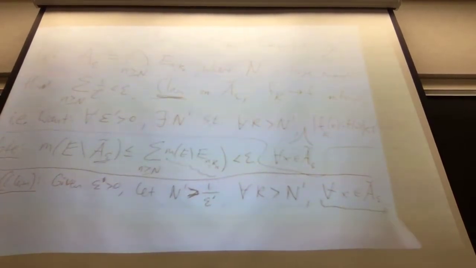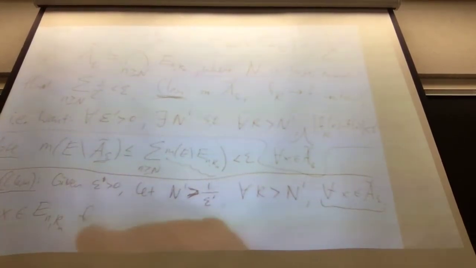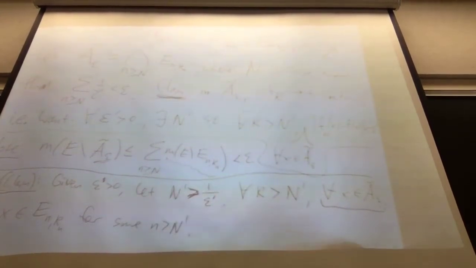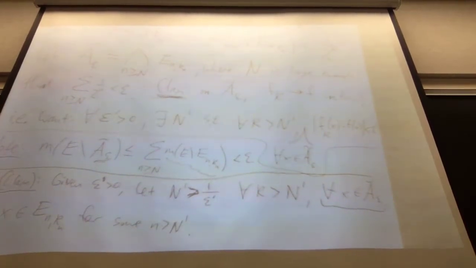If x is in A tilde epsilon, then that implies that x is in E_n for k_n for some n greater than N prime. Every. Yes, in particular for some.